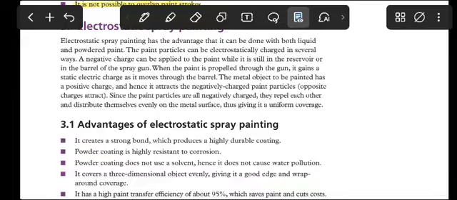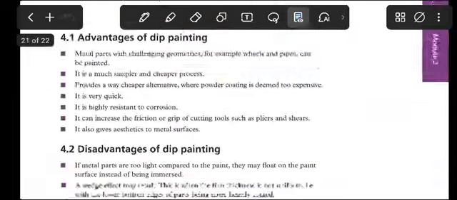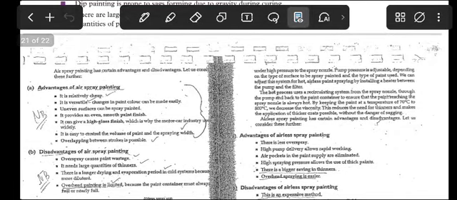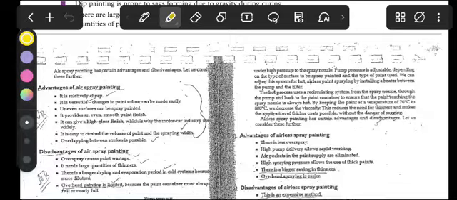But here, I have some points on these typical notes. The advantage of air spraying is the relative shape of spray. It provides an even surface that can be spray painted. The advantages of air spraying paint are vital. We've talked about that.